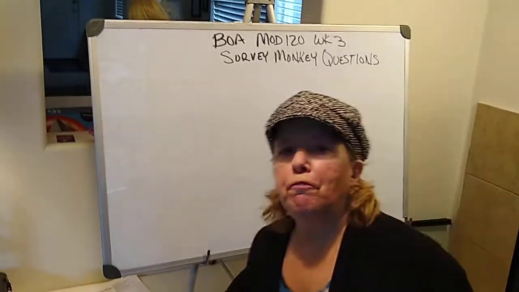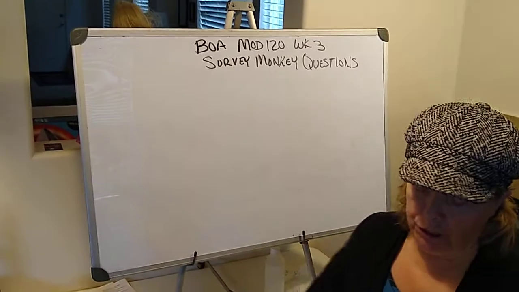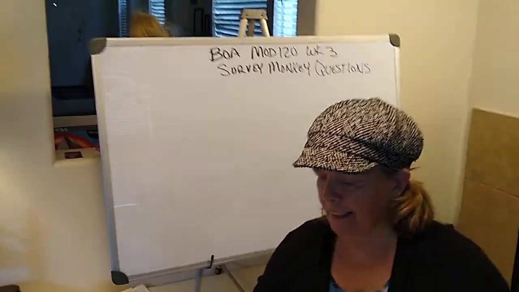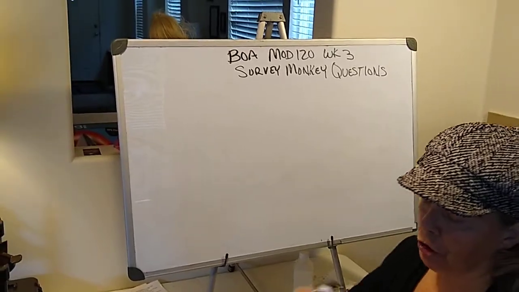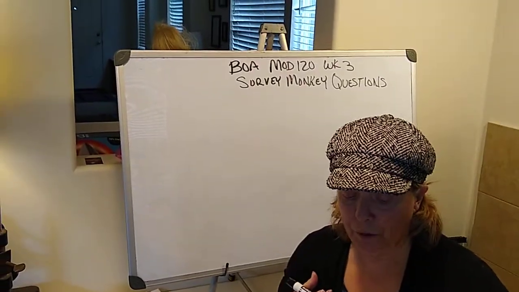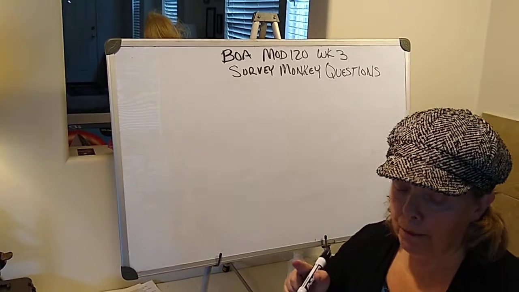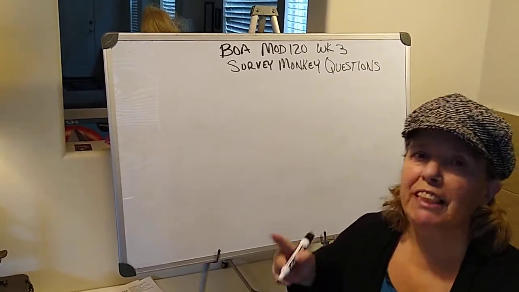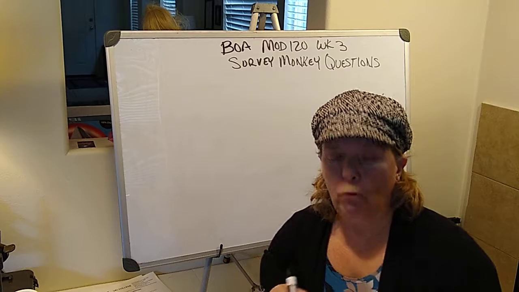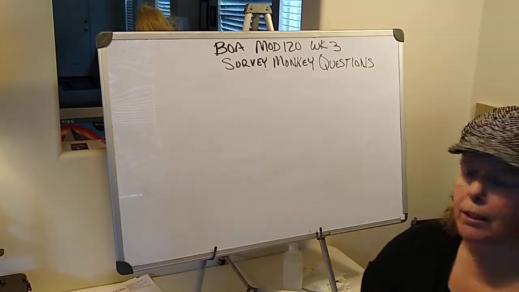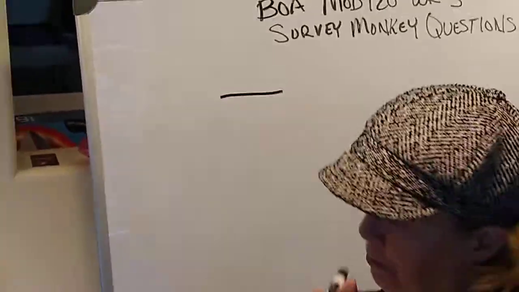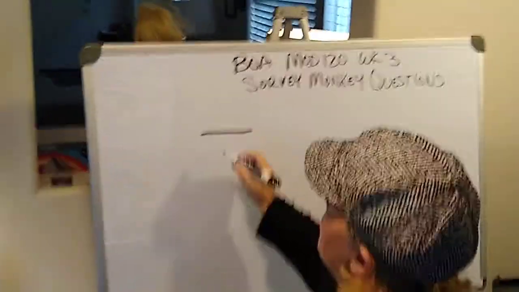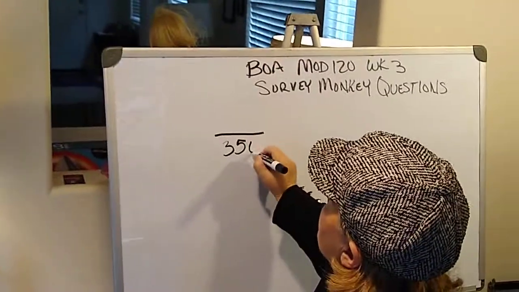Okay, so let's do the first SurveyMonkey question. It says, if a wedding dress costs $350 to create, and I sell it with a markup of 79%, what will my selling price be? So it wants to know, this wedding dress itself cost me $350.